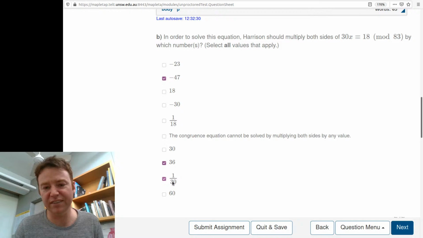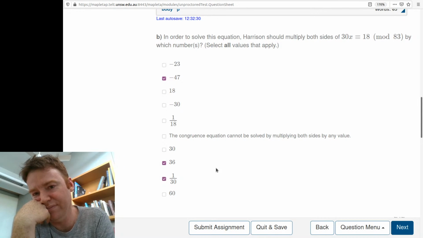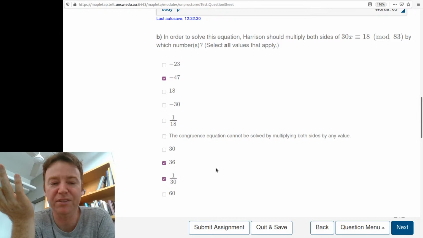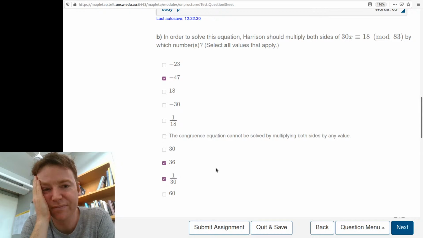1 over 30? I kind of agree with that and I kind of don't. You can't multiply by 1 over 30. 1 over 30 is not a... Oh, this is me just being Babylonian though. Should I click 1 over 30? I mean, theoretically, that's both.